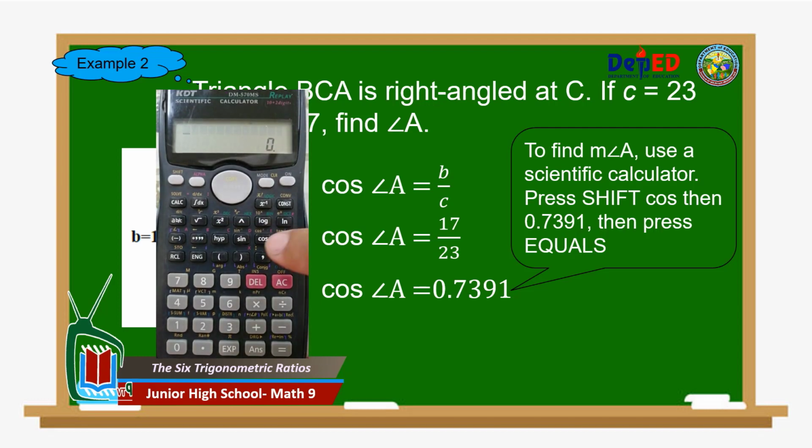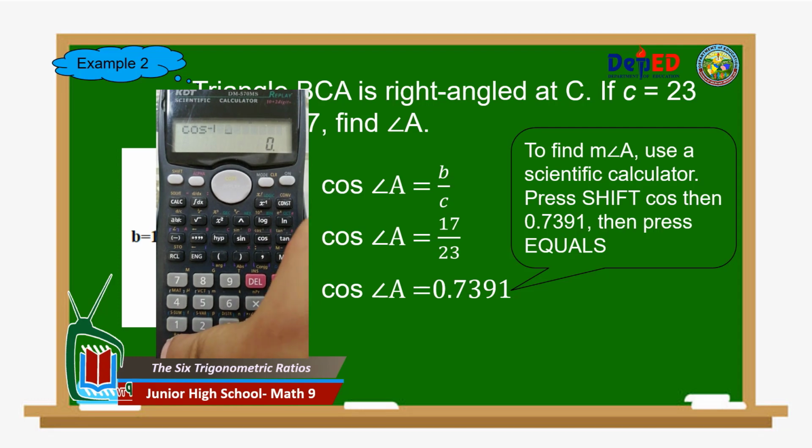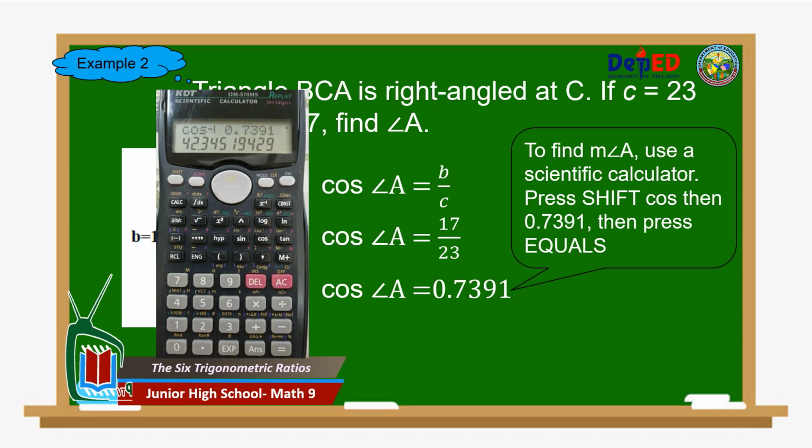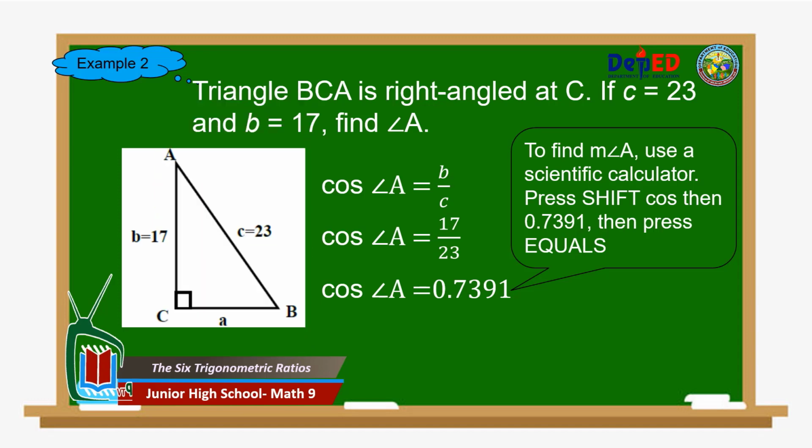In your calculator, you press Shift, then cosine, then 0.7391, and then finally press equals. The number that should appear in your calculator is 42.34, or in other words, the measure of angle A is 42.34 degrees.